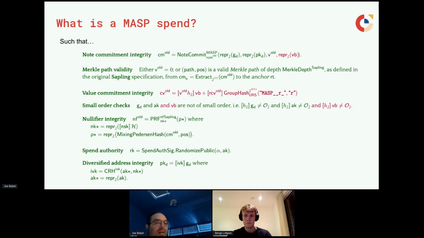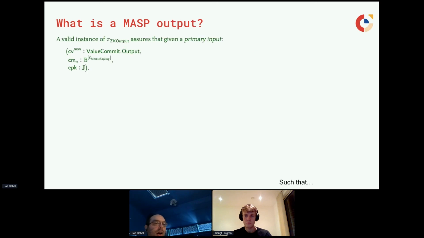This has to do with the fact that the Jubjub curve is an Edwards curve and has a cofactor, which you can read the details about in both the Zcash specification and the MASP specification. Okay, so spending a note is actually not very different at all. What does creating a note look like? And this is actually a lot more subtle.